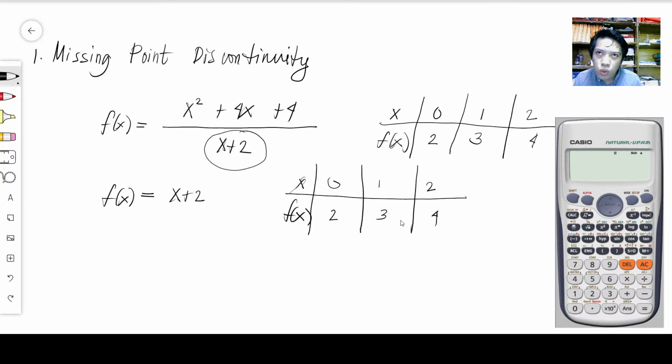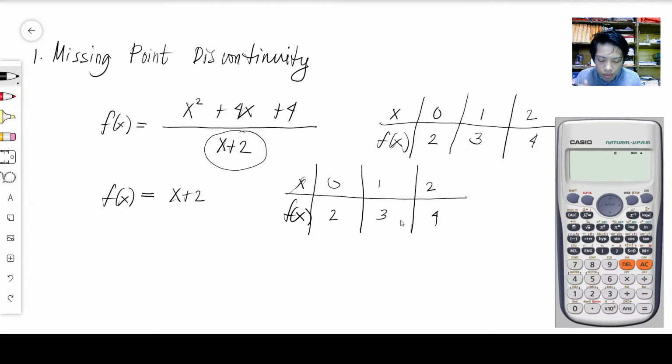Because, as we know, if the denominator of a function is equal to 0, then that function will generate an undefined value. Division by 0 is not allowed because any number divided by 0 is undefined.